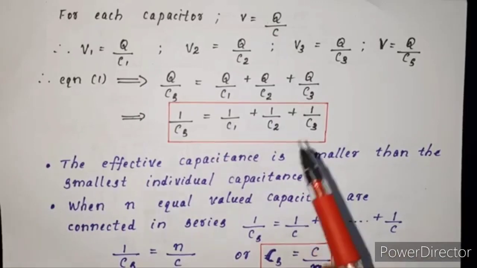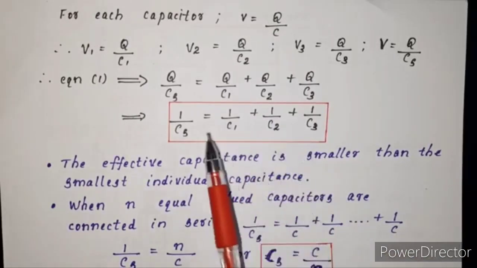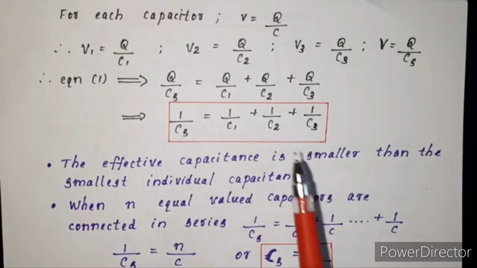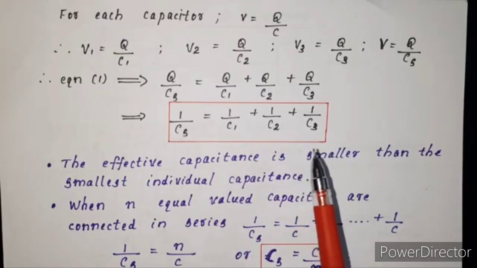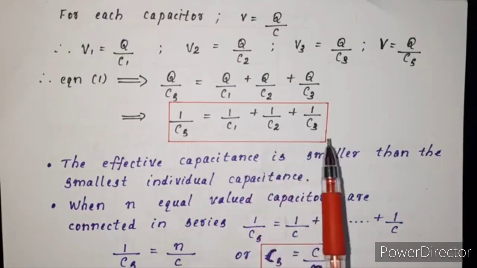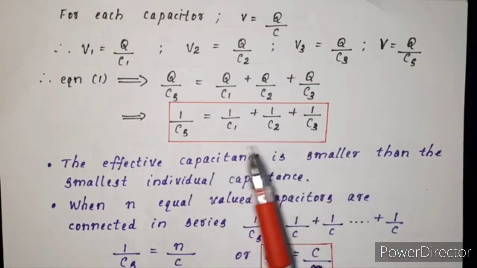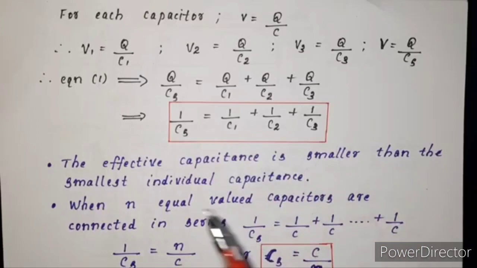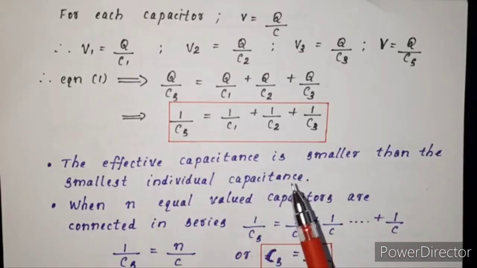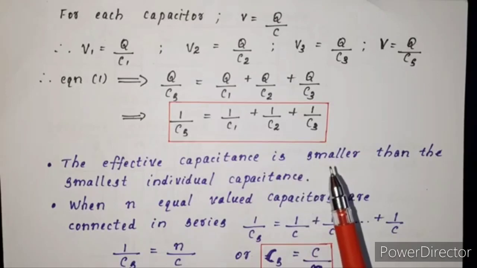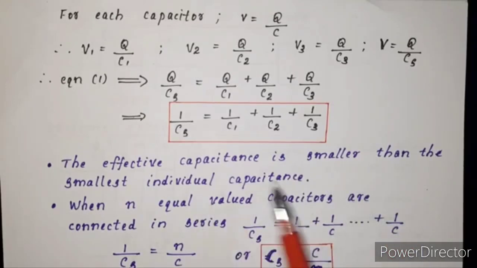So we can say that effective capacitance decreases when they are connected in series, and the effective capacitance will be smaller than the smallest of individual capacitances. That is the point.